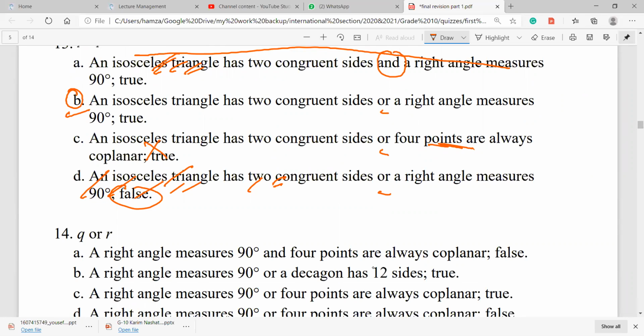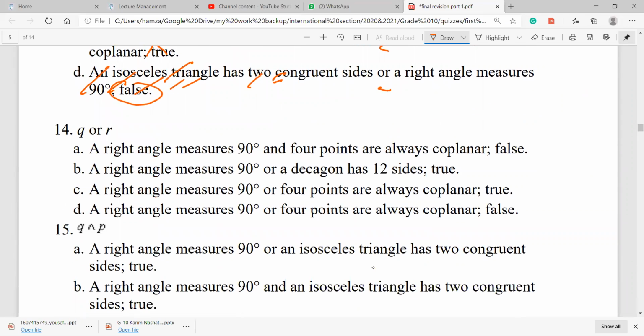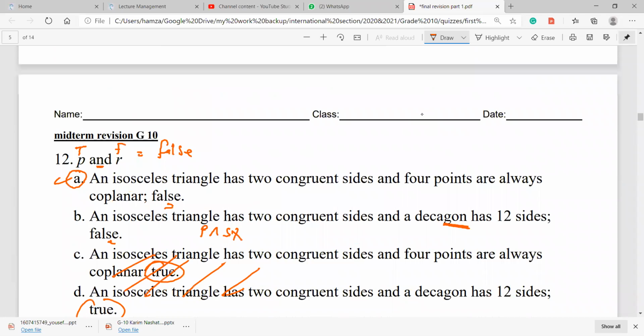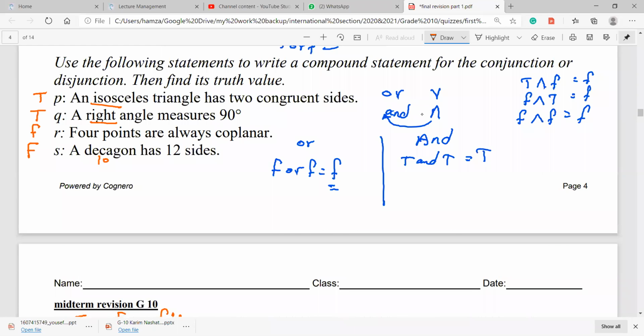Okay. We wanted to join Q and R using "or". They used "and" here, so this statement will be wrong. "Or", that's right. So what is Q and R, guys? Right angle, 4 points.